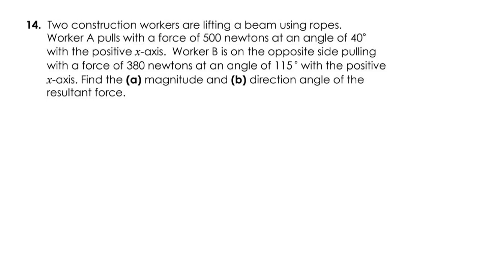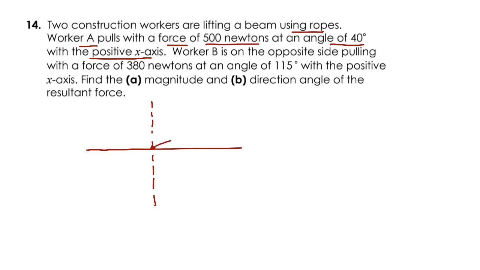All right, so number 14 is telling us that we have two construction workers lifting beams using ropes. Worker A pulls with a force of 500 newtons at an angle of 40 degrees with the positive x-axis. So if I sketch out 40 degrees, that's going to be our first.